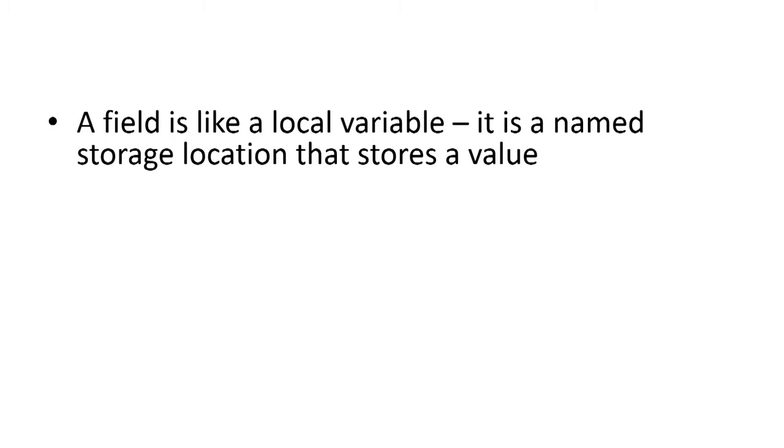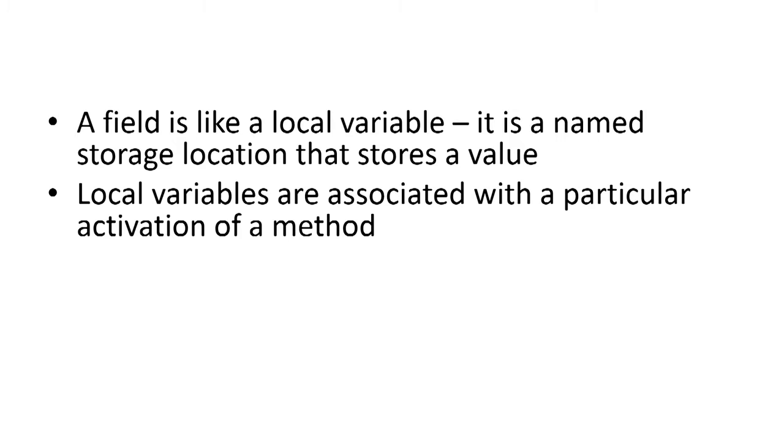So a field is a lot like a local variable. It's a named storage location. It's a variable. It stores a value. What's the difference? Local variables are associated with a particular activation of a method. So what I mean by that is when a method is called, if that method has parameters, those parameters suddenly spring into existence with the values of the arguments.